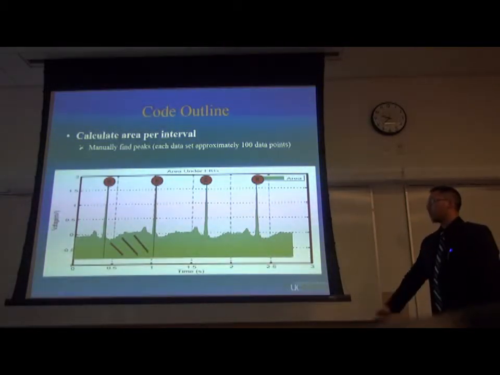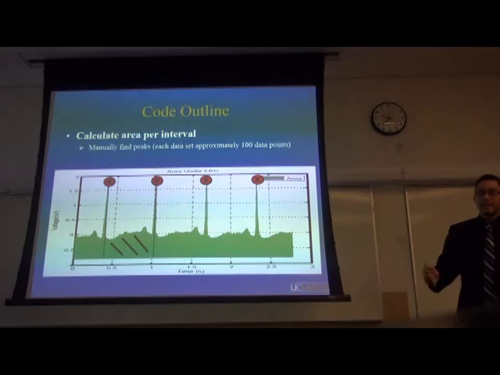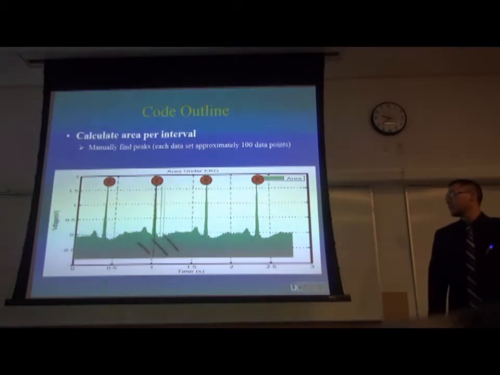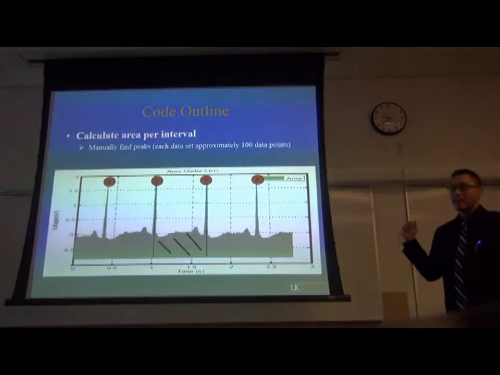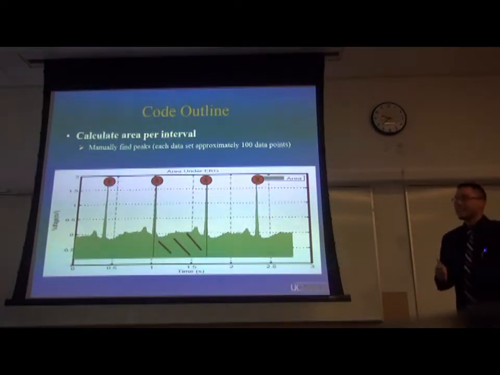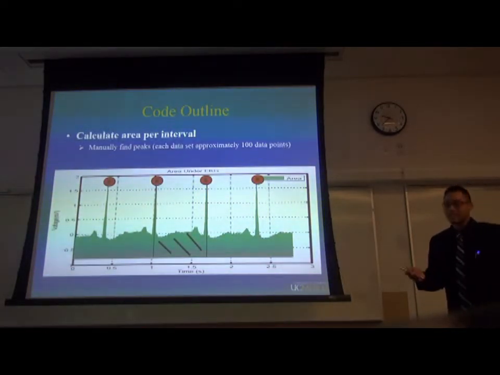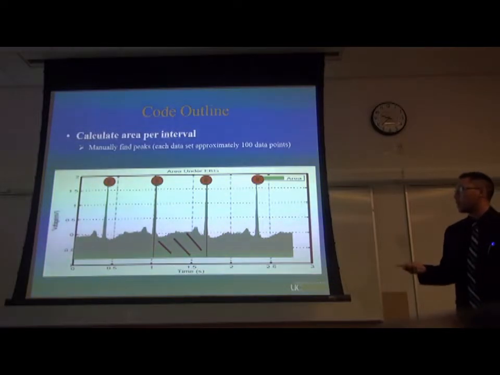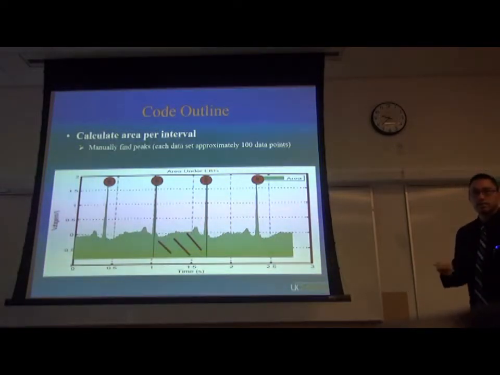And then I shift it, and keep doing that, and I did that 100 times for each data set. No one's ever done this because it's very slow. So this is very new. If it can be automated, this has high potential for some very promising research.